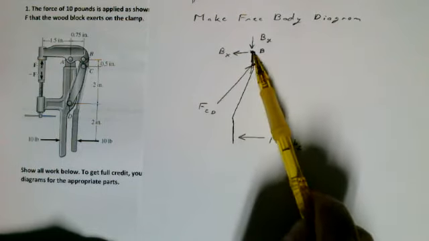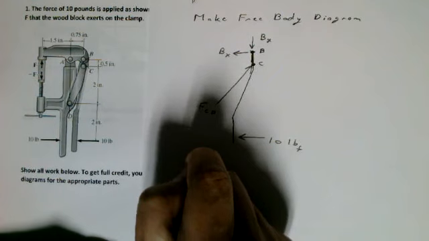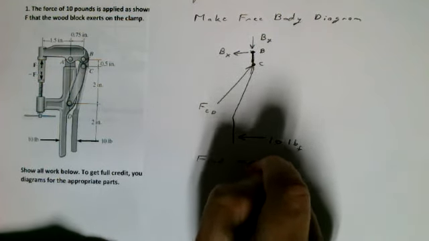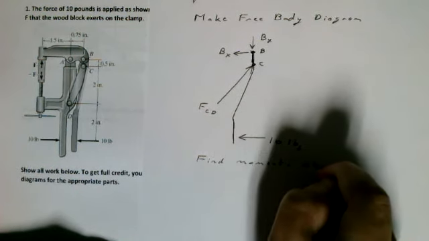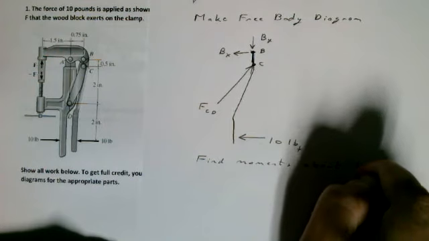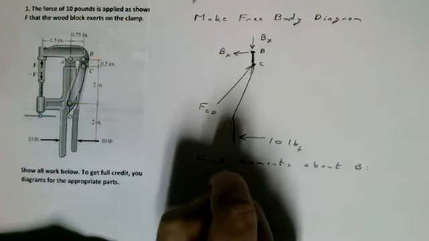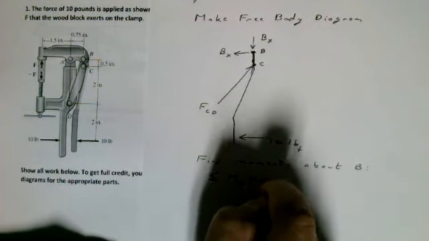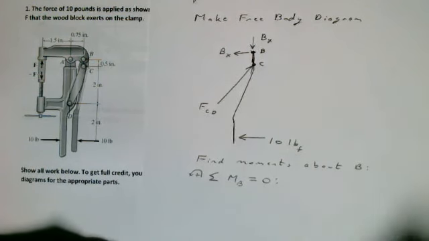You can see here B has 2 unknowns, so we'll take moments about B. The sum of the moments about B equals 0, with counterclockwise positive.